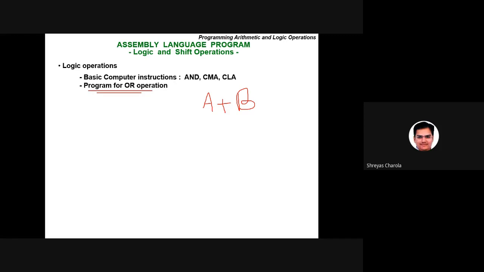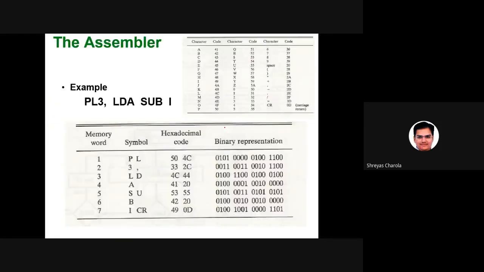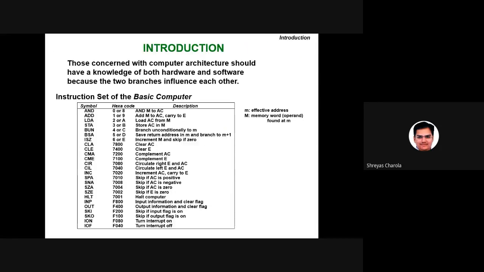Yes or no? Anyone? Can you implement this? Let me open the instruction set. You need to implement an OR gate. OR gate means A plus B. This is the instruction set you have. Can you implement A plus B? Look at the instruction set and I need an answer whether you can implement an OR gate or not, because there is no instruction for the OR gate.